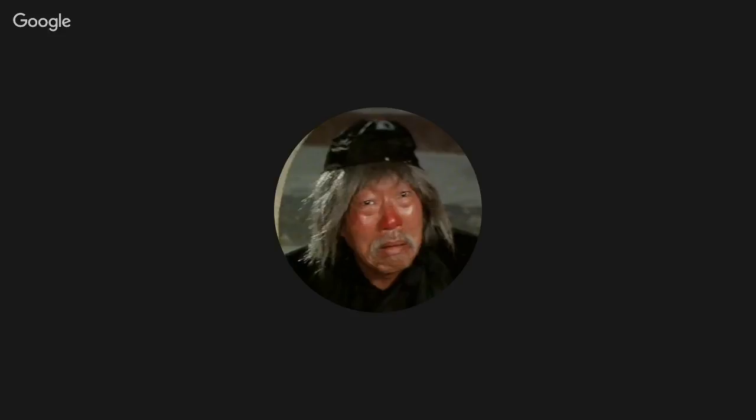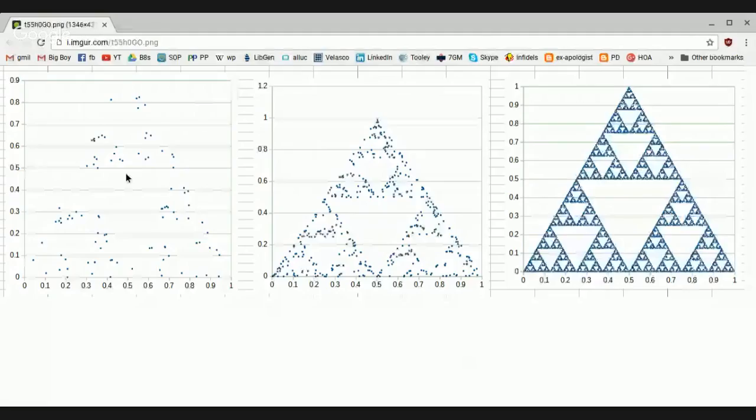If it's 3 or 4, you go halfway to the left point. And if it's 5 or 6, you go halfway to the right point. And so you just keep repeating the algorithm. You roll the dice, you measure halfway between the current point and the point that you're going to, and then you mark a dot halfway there. And then you just roll the dice again and repeat that algorithm again and again, millions of times, and you get the Sierpinski triangle, as shown here.